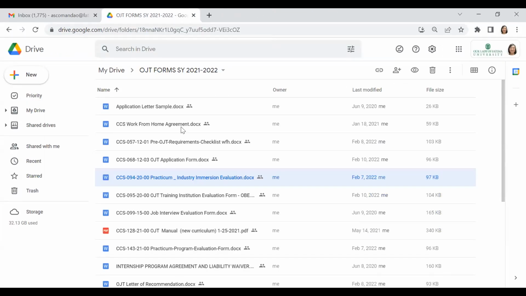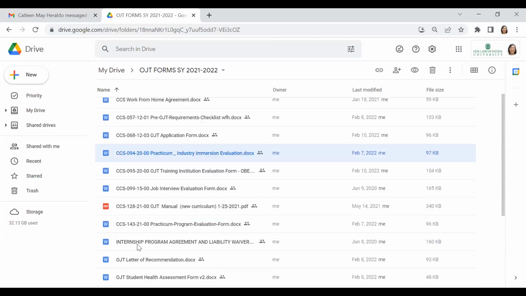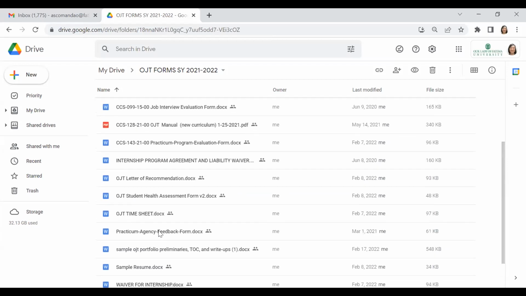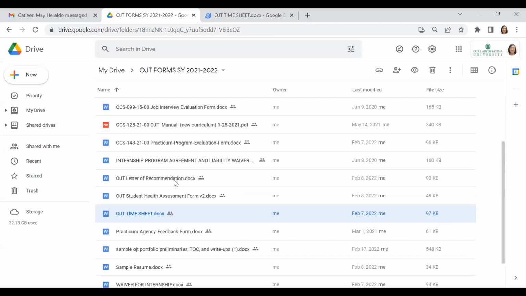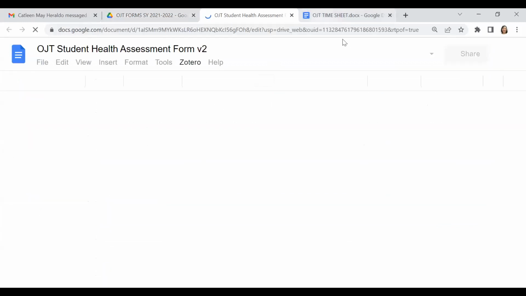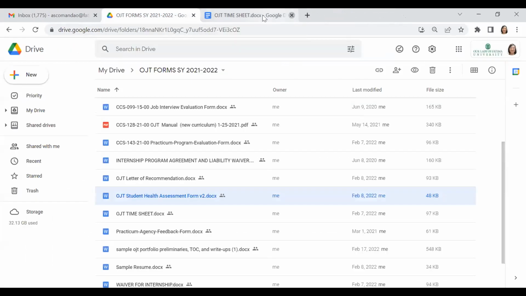And the other documents, they're all there. Even the timesheet, you can also get the timesheet. The OJT timesheet is here, as well as the health assessment form. So they're all there. You just have to make sure you know where to find it.